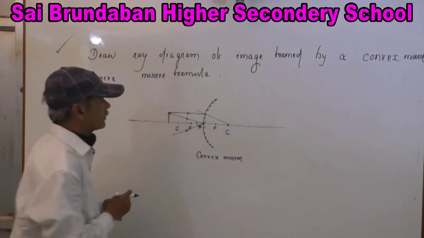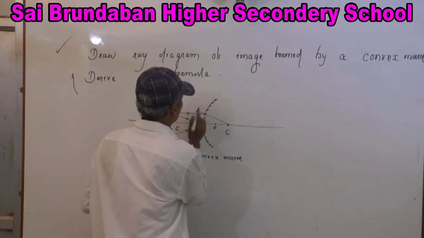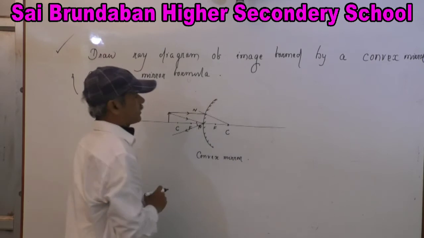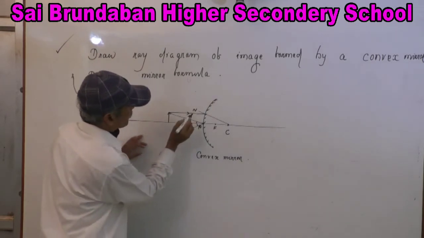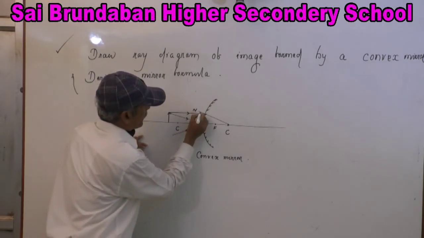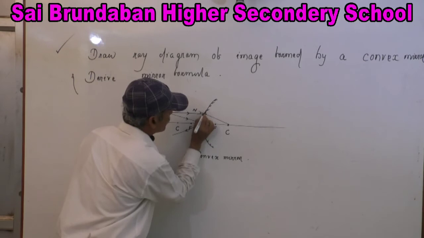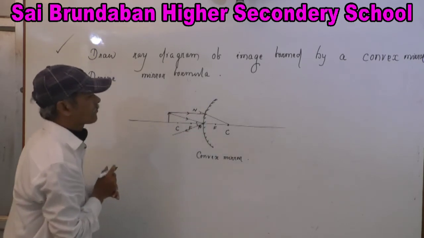This is the normal, write it is N. This is the incident angle. This is the tangent.